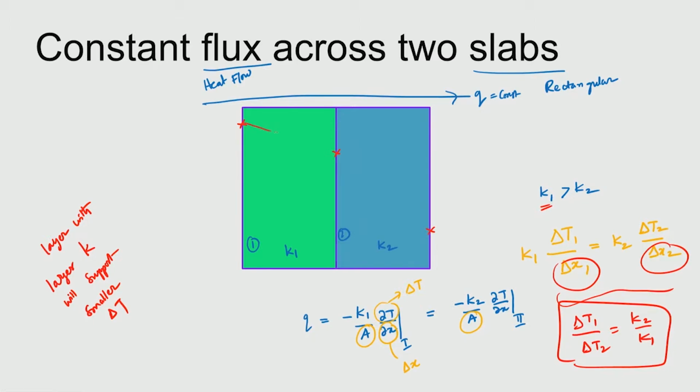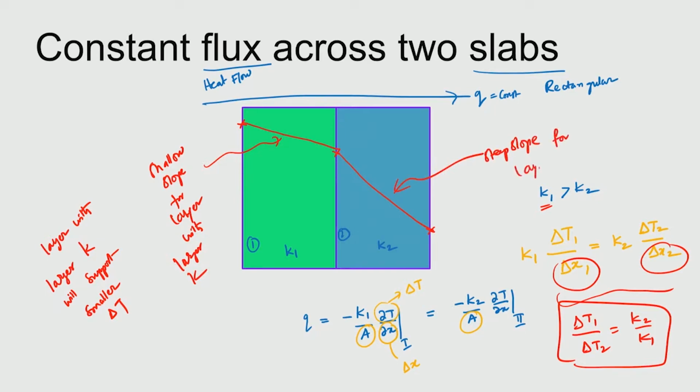So, what happens is that when we draw, you can draw with the two slopes such that the shallow slope, okay, so we say shallow slope for layer with larger K, okay, and we will draw steep slope for layer with smaller K. So, which means that the layer which has poor thermal conductivity will be able to withstand high temperature differences across it.